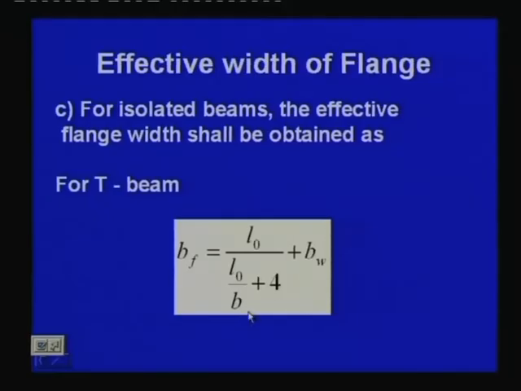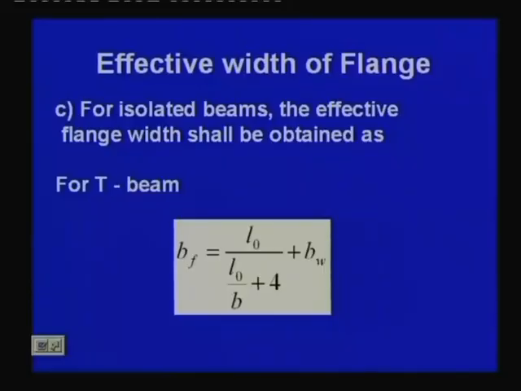Where do we use isolated beams? An isolated beam is a separate beam we consider, that means we have only one beam in the slab, not a frame structure, just between say two walls. We can consider that as an isolated beam. And similarly for L beam, 0.5 L0 by 6 plus bw plus 4 df.